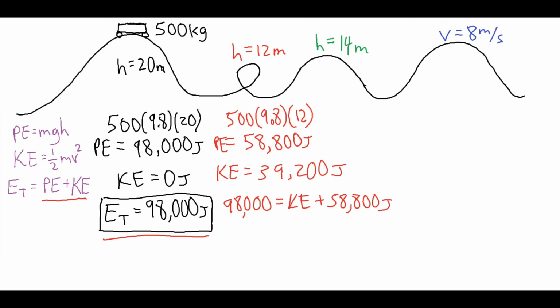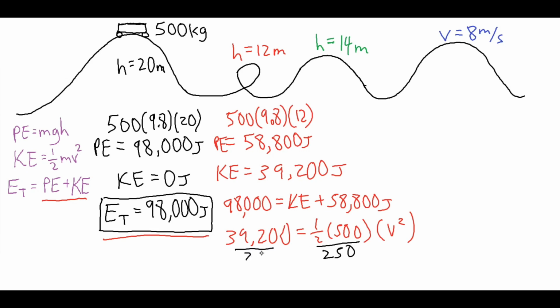In addition to that, if we want to solve for the velocity of the roller coaster, now we can go ahead and plug in that value. Kinetic energy equals 1/2 mv squared. If we want to complete that calculation, we're going to do two steps. 1/2 times 500 is 250, so I'm just going to go ahead and divide both sides by 250.